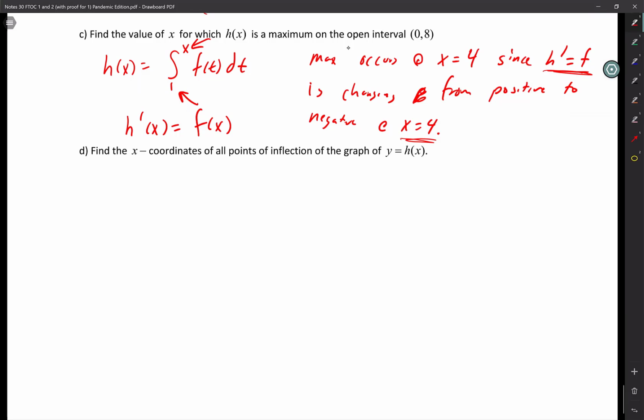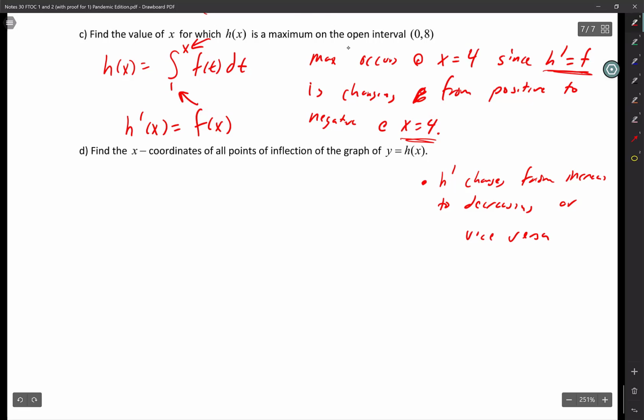When what changes from increasing to decreasing? H prime? Yeah, you can say that. There's two definitions, guys. I'm going to write them here on the side. You can say either where h prime changes from increasing to decreasing, or vice versa.